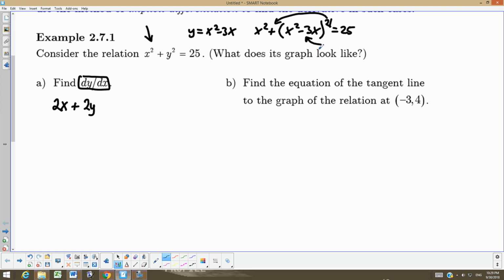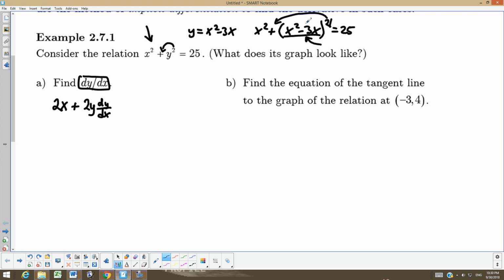But the thing is I don't know what y is. Is it x squared minus 3x? Is it something else? Best thing I could do is actually apply the power rule to the y, so 2y, drop this exponent down to a 1, but then also go inside y and take the derivative of y. Now, since I don't know whether it's x squared minus 3x or something else, the best I could do is just say dy dx, whatever y is, I have to take the derivative of it.